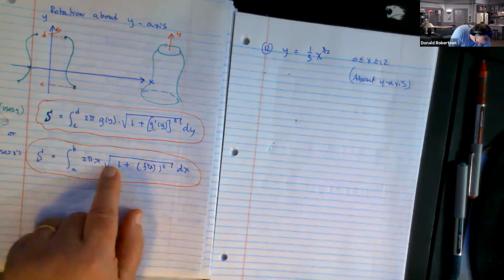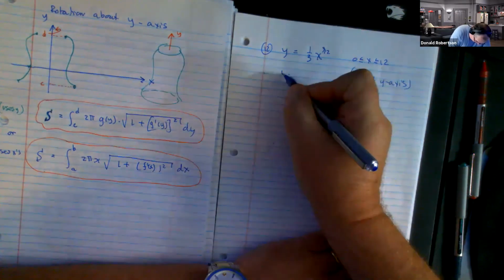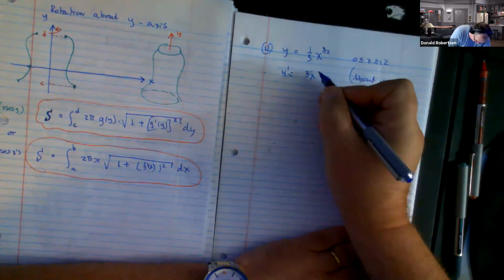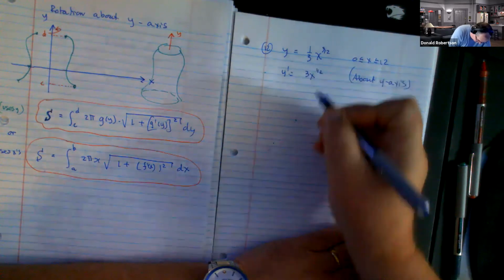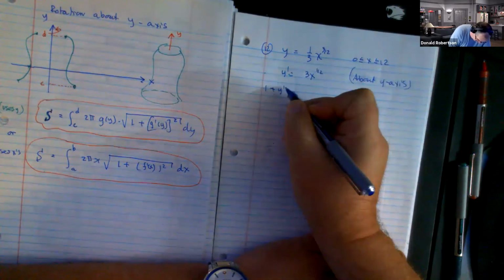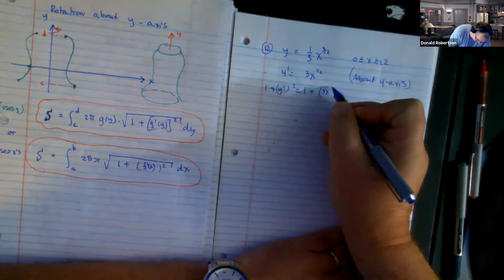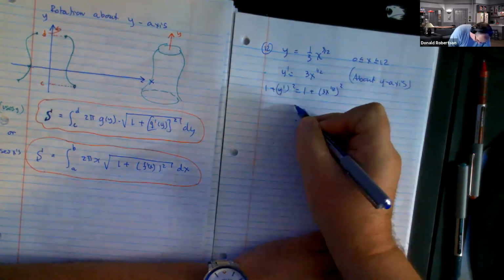Right. So differentiate this, you get 3x to the half. 1 plus the derivative squared gets you 1 plus 3x to the half squared, which gets you 1 plus 9x.